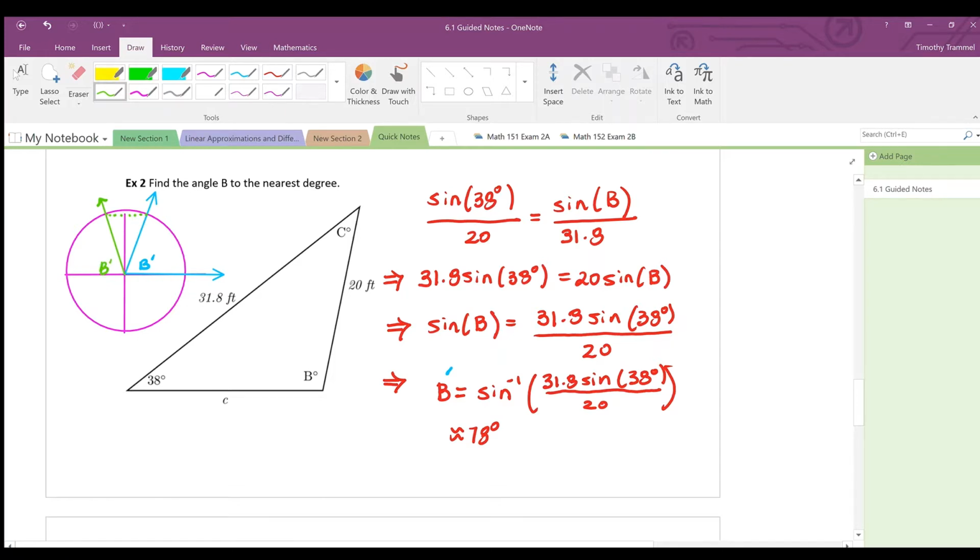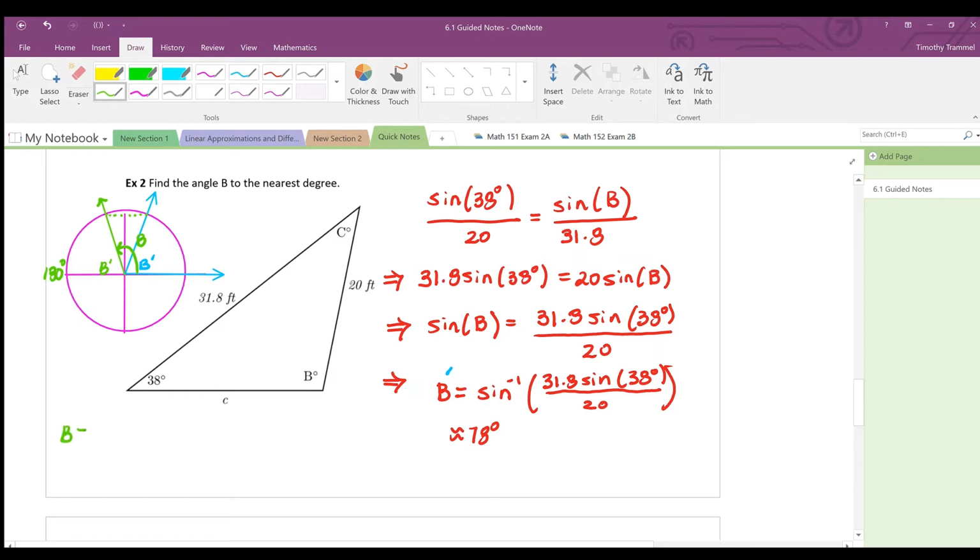This is symmetric about the y-axis. And something else that's going to be useful is that this is 180 degrees if we've rotated to here. So if our goal was to find this obtuse angle, which would be B, let's see how to compute that.